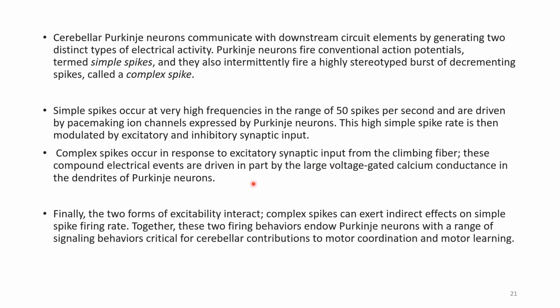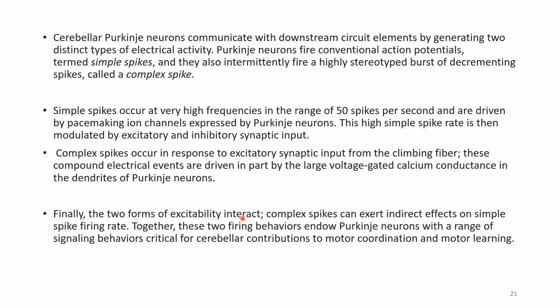These compound electrical events are driven by large voltage-gated calcium conductance in the dendrites of Purkinje neurons. So this is because of the opening of voltage-gated calcium channels in the Purkinje neurons.